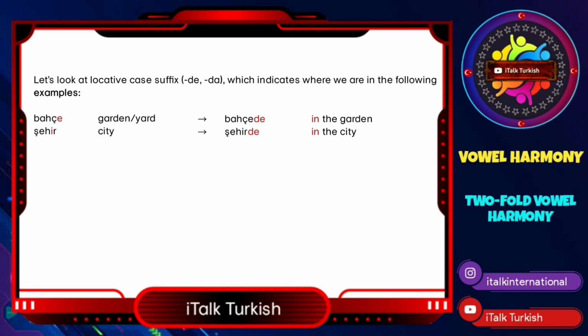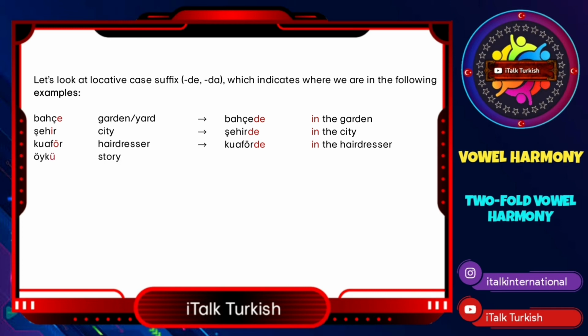Do you understand? Kuaför, hairdresser. If we want to say in the hairdresser, we will say kuaförde, because the last vowel of this word is one of e, i, ö, ü.